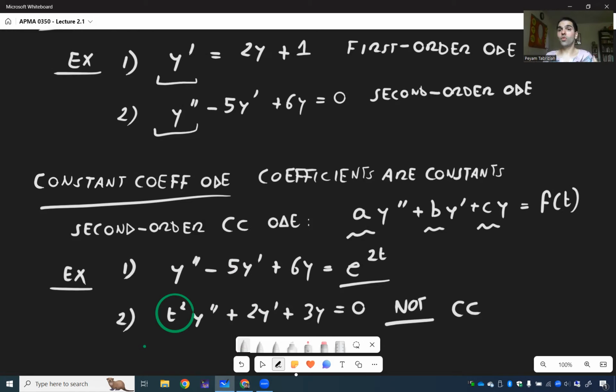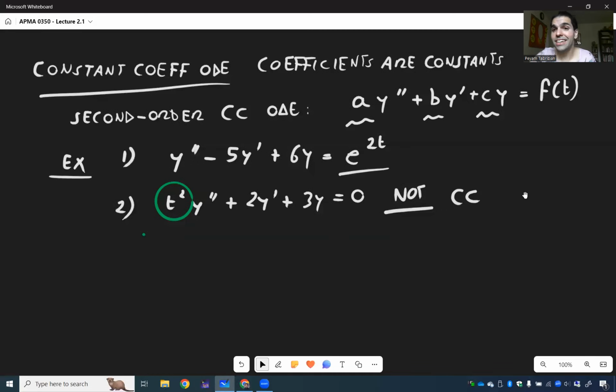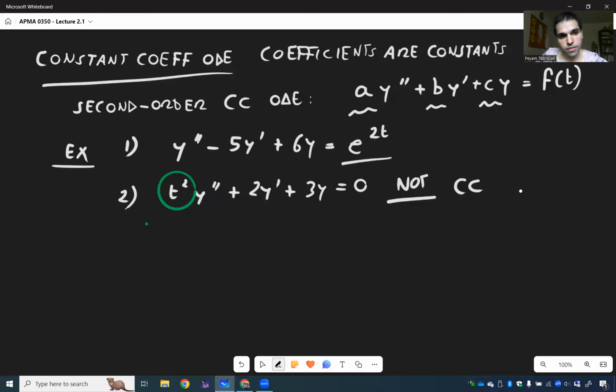Now, you may ask, what if the coefficients depend on t? This is what's called a linear differential equation. So it's kind of the next step. Linear ODE. So here, the coefficients depend on t.